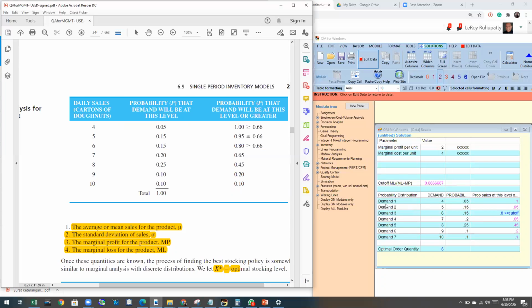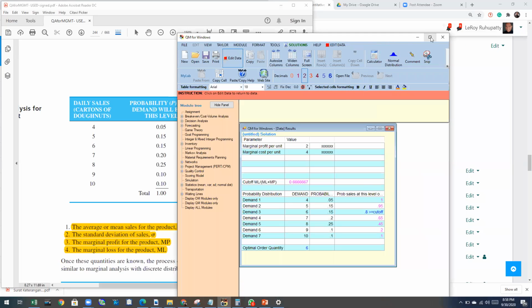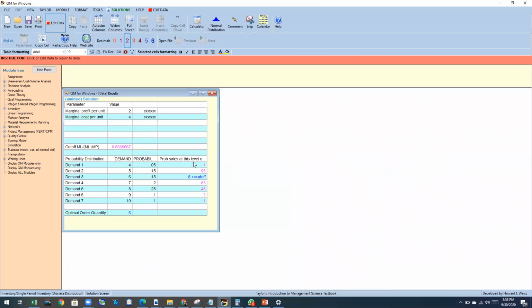So we should continue to order additional cartons of donuts only up to the point when there is a marginal probability of not being able to sell 1 box of donuts, and that probability is 67%. So look at the cumulative probability column.